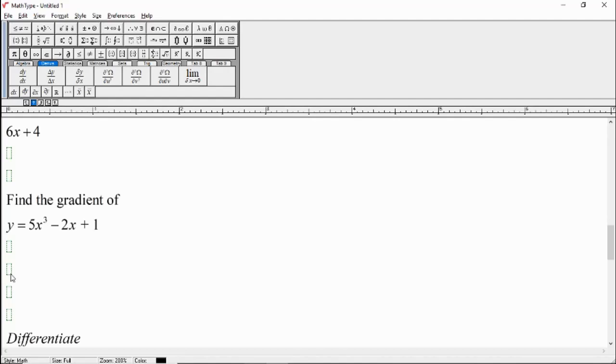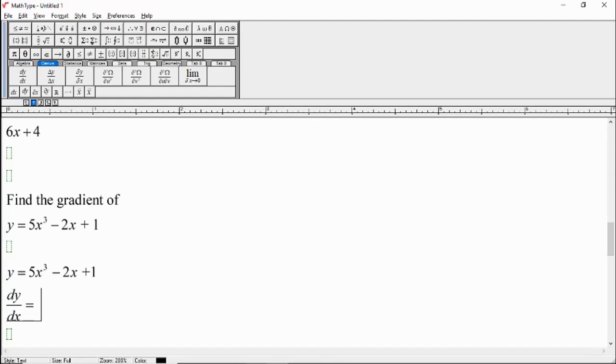So, okay, we're going to do the same process we did with the first two questions. y equals 5x to the power of 3 minus 2x plus 1. When we differentiate that, same process, we multiply by the power, and then we subtract the power by 1.